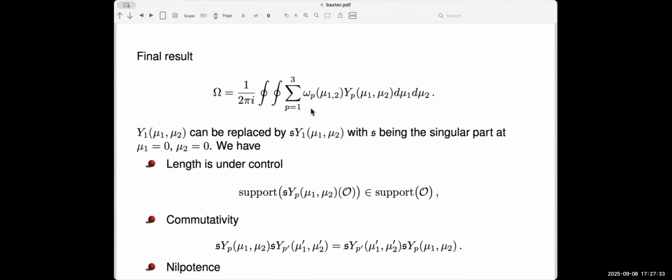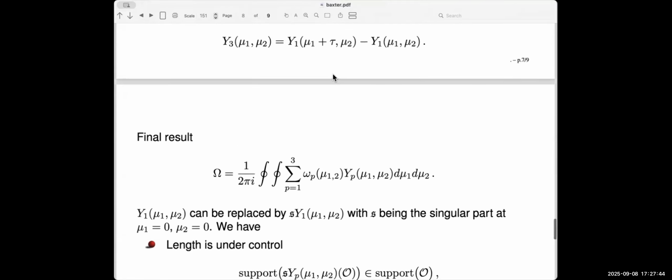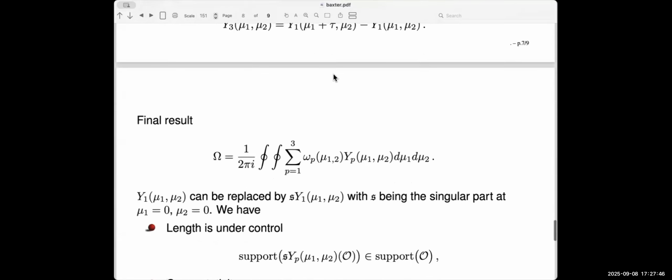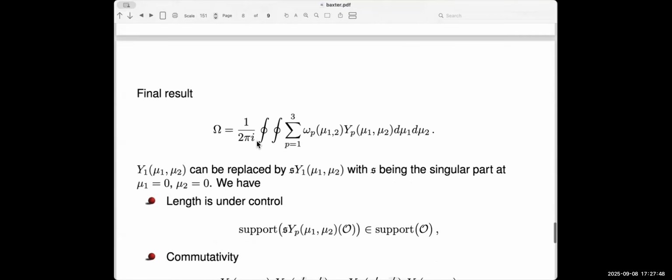It consists of these three transcendental functions, then these coefficients which have algebraic construction as I explained, and then these integrals are around 0, so I could write residues.